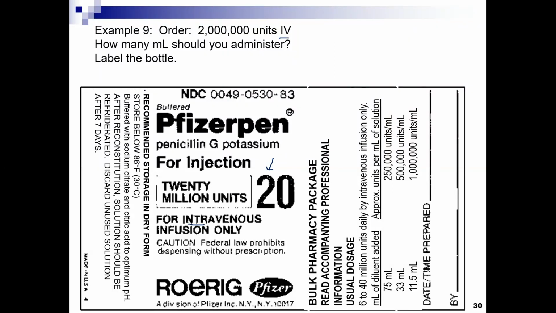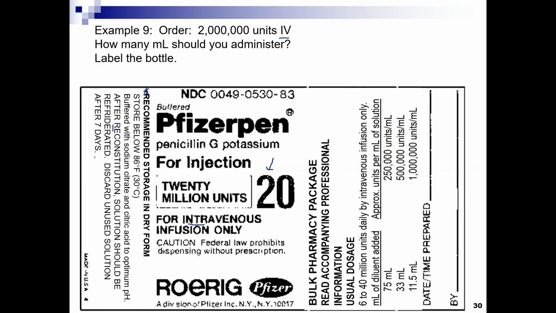I see over to this side the recommended storage in dry form, and that gives me a hint that this is going to be a med that needs to be reconstituted. If I read further, it says after reconstitution, the solution should be refrigerated, discard any unused solution after 7 days. So yes, it needs to be reconstituted.